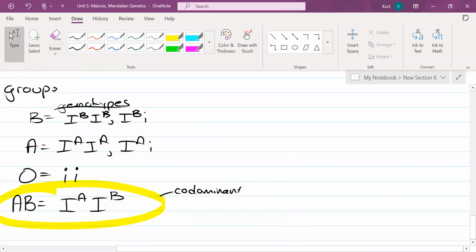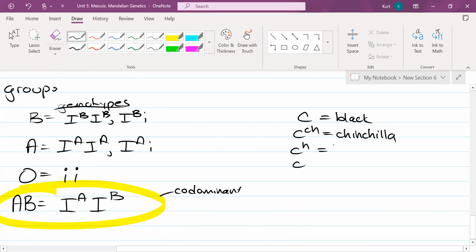Here's something else with multiple alleles that we did. If you remember this with the bunny rabbits, this was a black rabbit. This was a chinchilla, which is like the color gray. This is Himalayan, which is white with the black spot. And this was white. I want to throw a few genotypes at you guys.